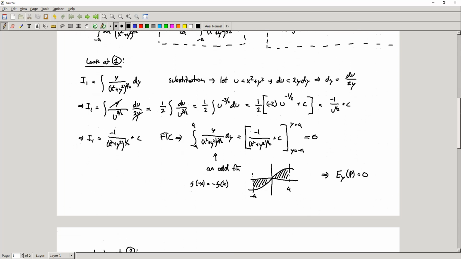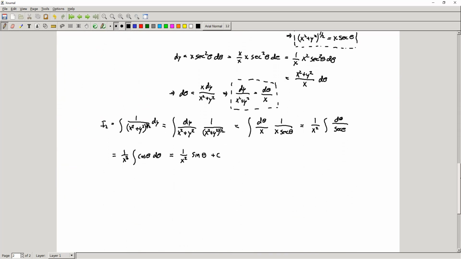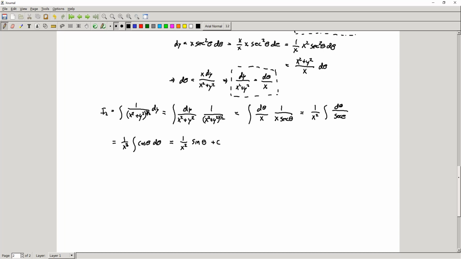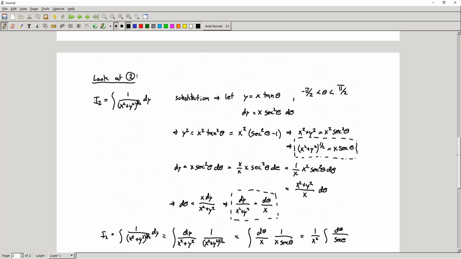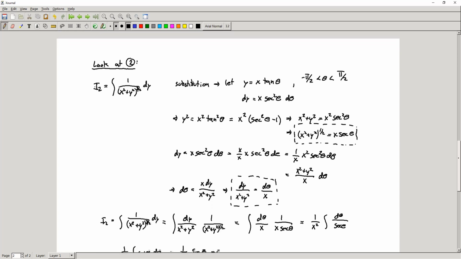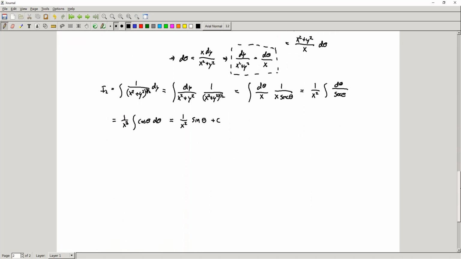So let's try and bring this back into those terms. We know from our substitution above that y equals x tan theta. Okay, so let's think about a triangle here. y equals x tan theta means that tan theta is equal to y over x, right?